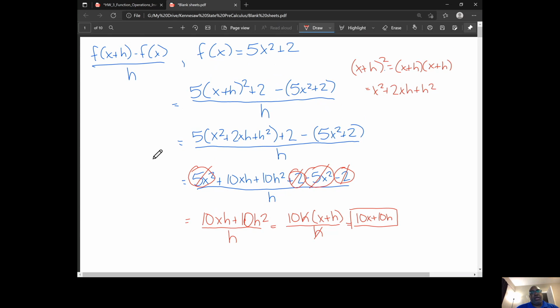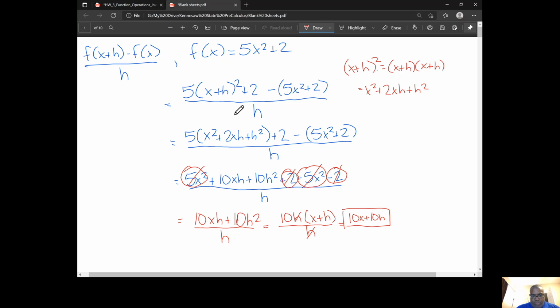So again, just to recap, I put x plus h in here. I FOIL this: x squared plus 2xh plus h squared. So the first function, f of x plus h, is 5 times that plus 2. And then we subtract f of x, which is 5x squared plus 2. The 5x squareds cancel each other out.